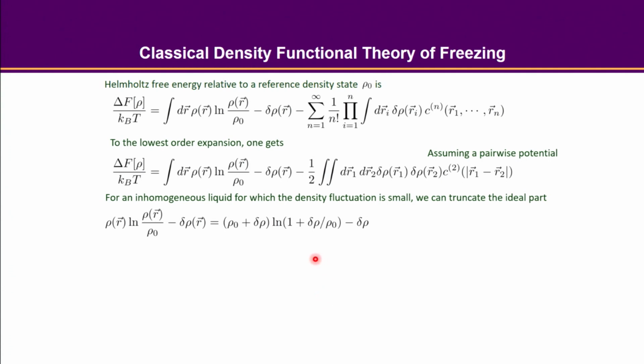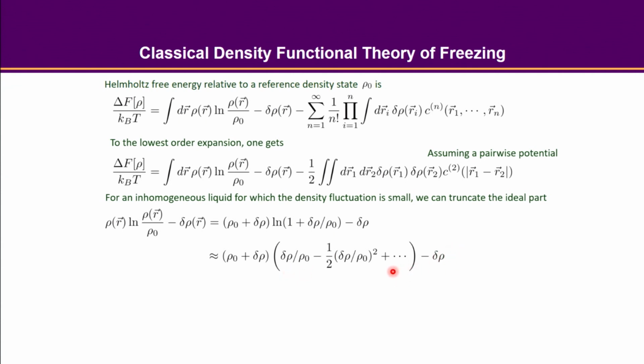And since delta rho over rho naught is a small number, log(1 + x), if x is small enough, is approximately x minus 1/2 x squared plus some higher order terms, right? So that's what we do, just expanded this log. I got this one. But immediately you will see that you have terms like rho naught times this term, right? So that will give me a delta rho, which cancels out with the last term.